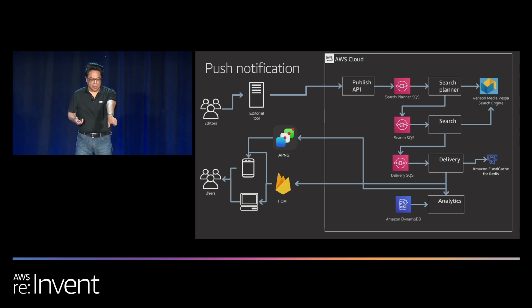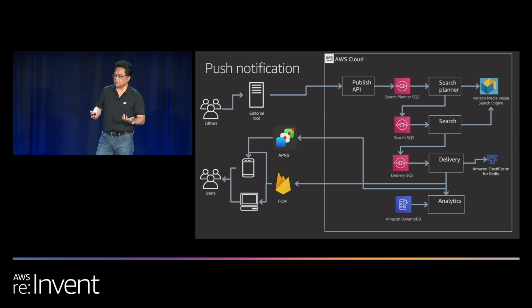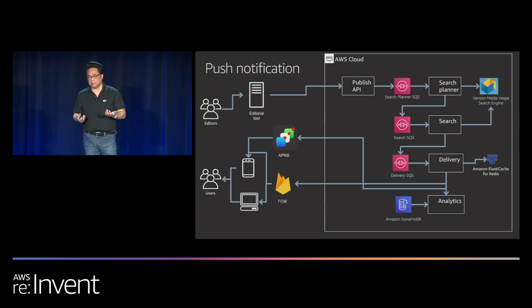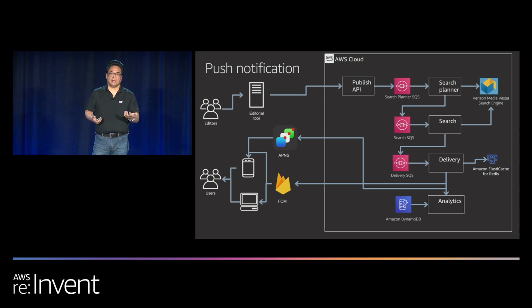So it turns around, and we have the delivery service reading from this delivery SQS. There's 150 reader threads for every delivery service process, and there's a long poll of 10 seconds, and we ask for up to 10 messages.